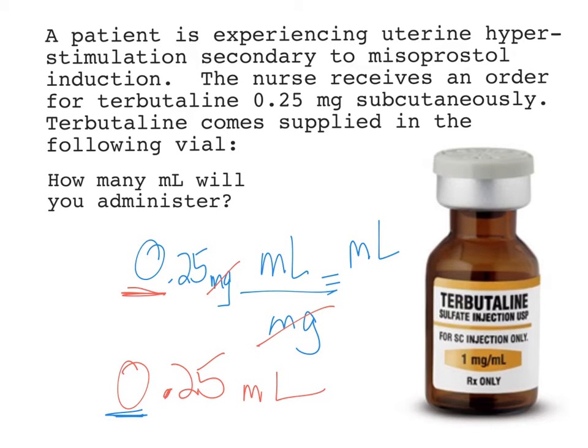So a leading zero is necessary in any problem where you have a decimal dose that is not led by a whole number. If you have a 0.5, a 0.25, a 0.8, a 0.7, it doesn't matter. Anything that is less than 1 that is expressed as a decimal needs a leading zero, or it is wrong on a test. It is wrong in real life. All right? So that is that question.